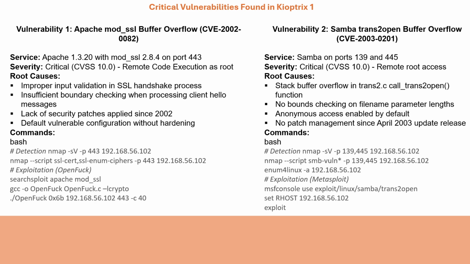The second is a Samba trans2open buffer overflow with its CVE, as you can see again in the screenshot, which also leads to root access because of insecure default configurations and anonymous access. So both services were outdated and unpatched for over 20 years, making exploitation feasible once the vulnerable versions were confirmed.